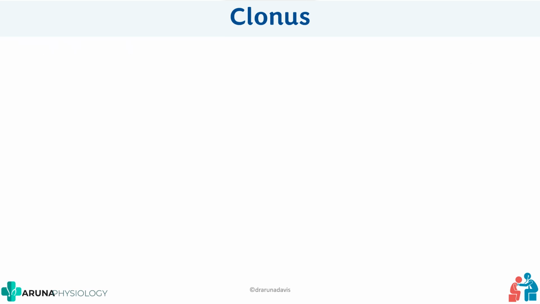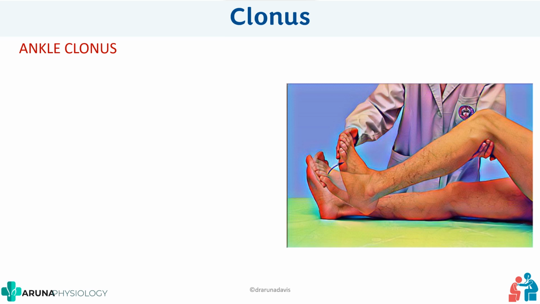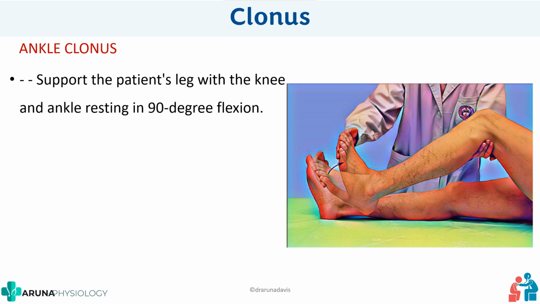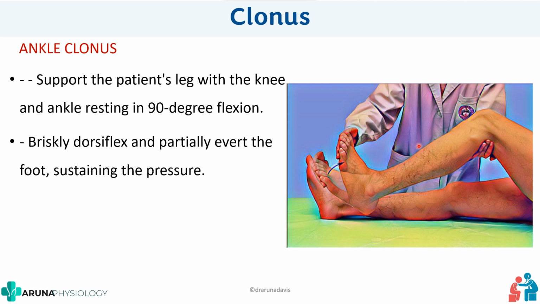Another clonus is called the ankle clonus. To elicit the ankle clonus, you have to support the patient's leg with the knee in flexion and the ankle resting at 90 degrees. In this position, you then suddenly dorsiflex. You're going to briskly dorsiflex and partly invert the foot, and you're going to sustain it.